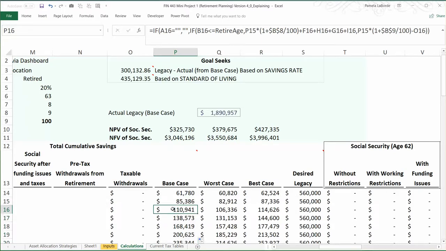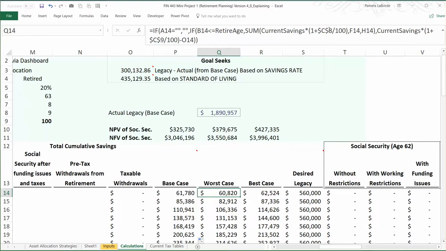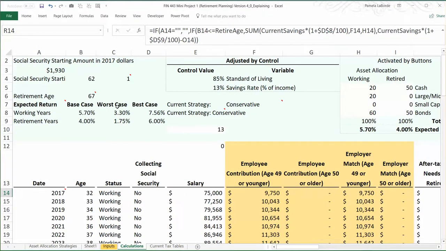It didn't make any changes when I added the G and I columns, because it's not until they exceed age 50 that you would see those changes, and they're not 50 yet in my example. So that's how I did the base case. The worst case, the only change I made was I referenced the worst case returns, and then the best case, I just referenced the best case returns, and those are here.